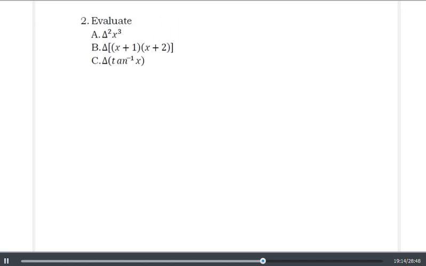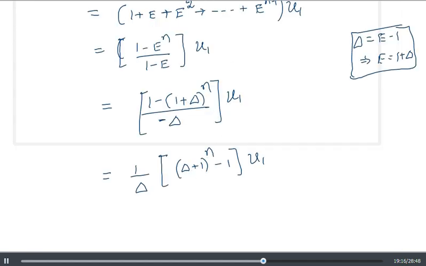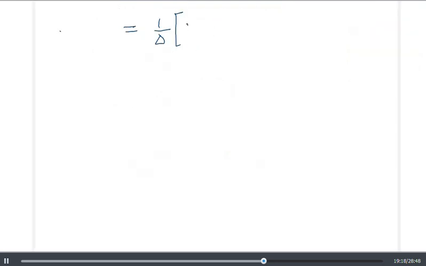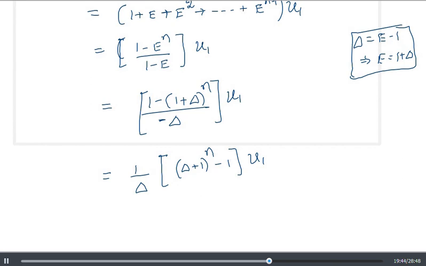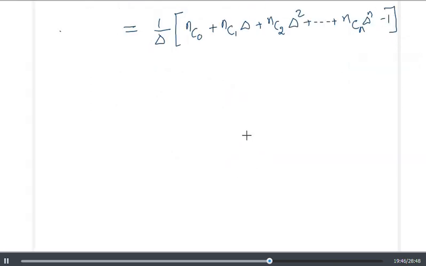The binomial expansion of delta plus 1 whole power n is n choose 0 delta power 0, plus n choose 1 into delta plus n choose 2 into delta square plus and so on plus n choose n into delta power n, minus 1 at the end, because we have minus 1.